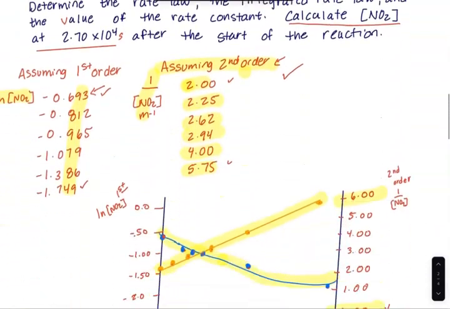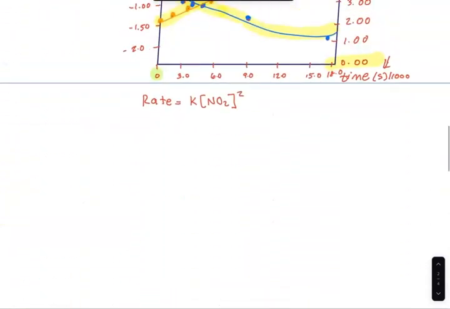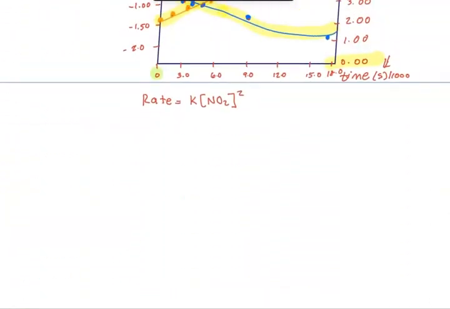Now, the integrated rate law will be as follows: 1 over NO2 will equal K, our constant, times time, plus 1 over NO2 naught.